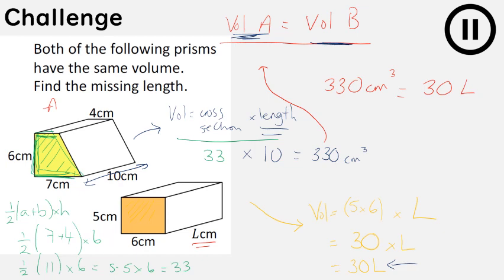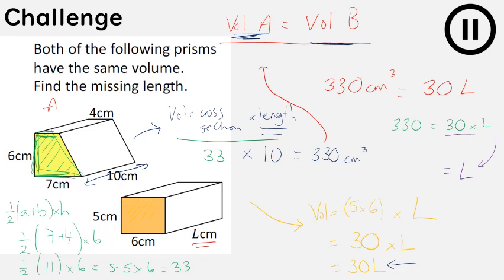So again, we've come to an algebra problem, and now we're going to have to try and solve it. So 330 has got to be the same as 30L, or 30 times L. I've got one thing unknown. I want to find what L is equal to. So how do I go from this step to this step? Well, the difference on this right hand side is I've times by 30.